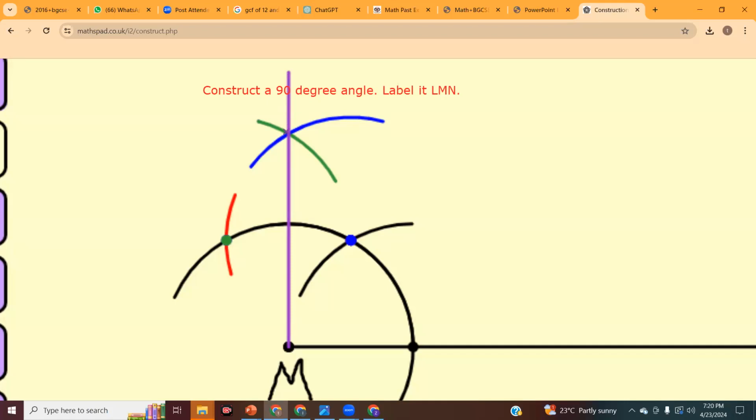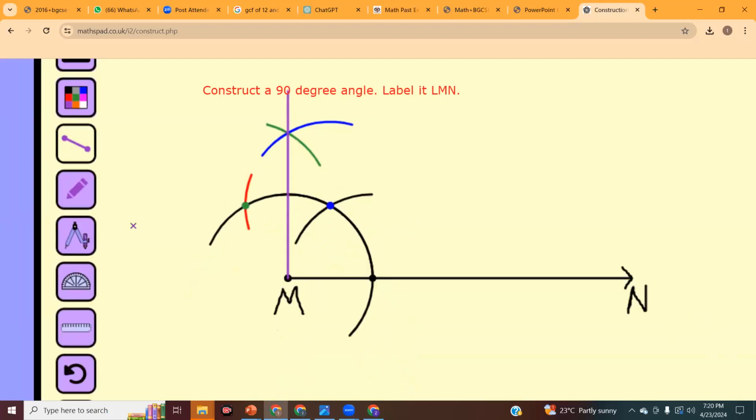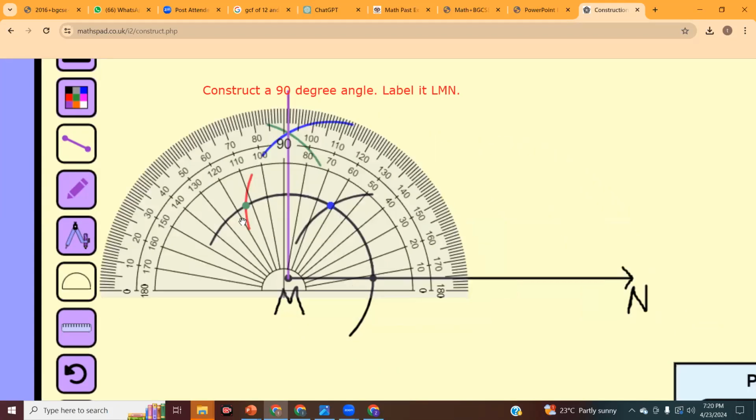Okay. So that's supposed to be a 90-degree angle. Let's check it. What are we gonna use to check that if it's a 90-degree angle? Protractor. Very good. So we're gonna go ahead and go here.